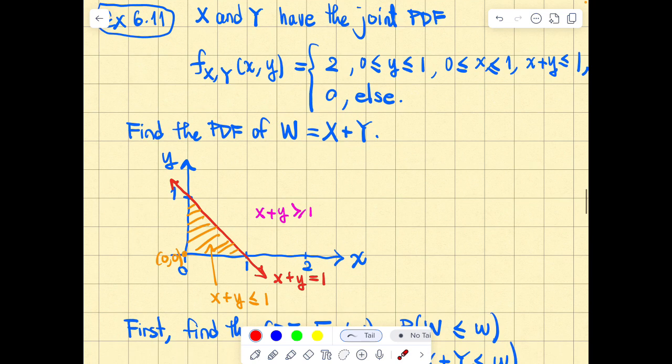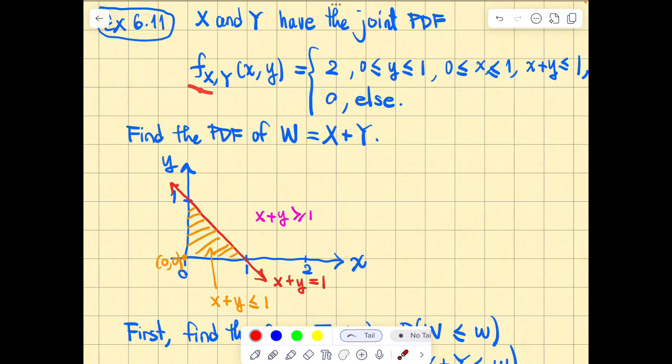Okay, so let's take a look at this joint PDF first. y is between 0 and 1, that's easy. x is between 0 and 1, that's easy. The last constraint is x plus y less than or equal to 1.